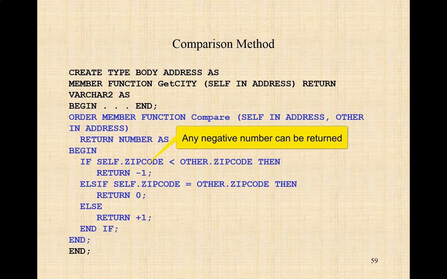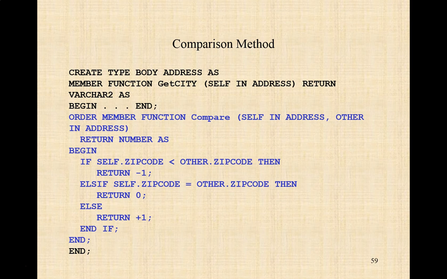We're using -1, but any negative number will do here. If the two values are the same, we return 0. And finally, the last case would be if the zip code of the current object is greater than the other object. We return +1 in this example, but once again, any positive number will do.